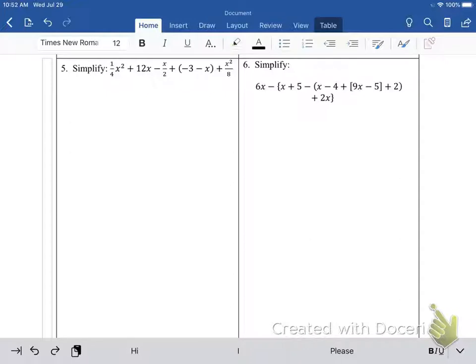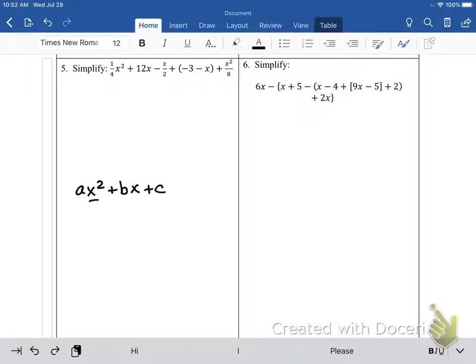Now I see a lot of fraction operations here as well, so we're going to talk about how we simplify that without a calculator, because that's something you're going to need to know how to do. So let's start with understanding what standard form is. Standard form is when we have the exponents in descending order of powers.